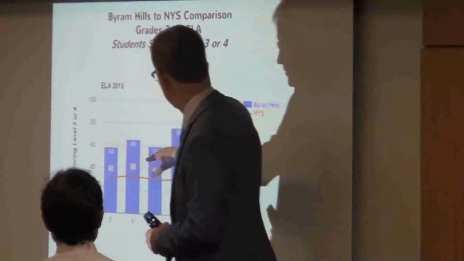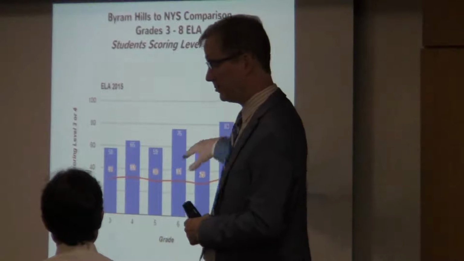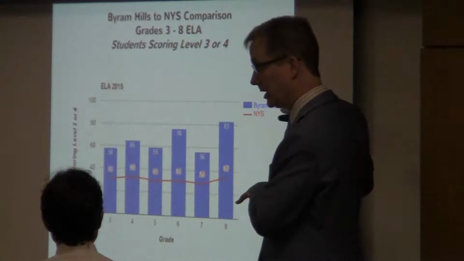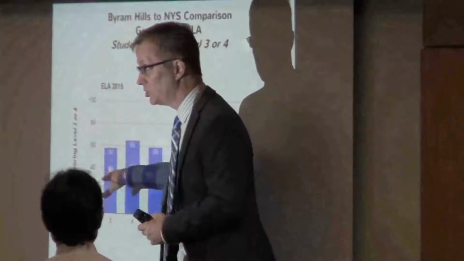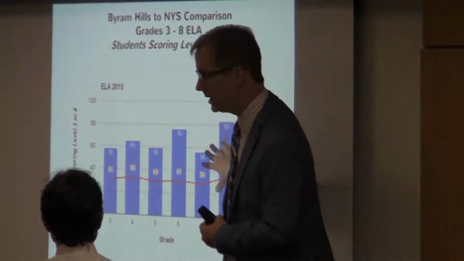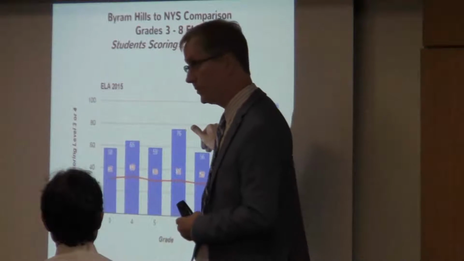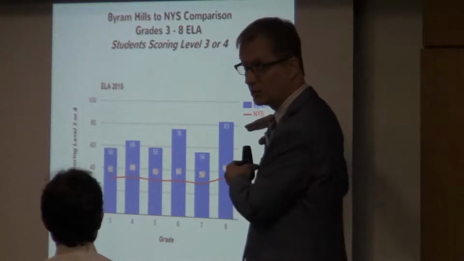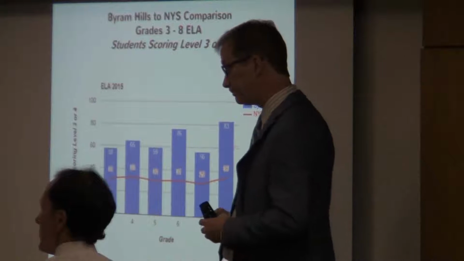Our results go up from 58 to 83, a 25% increase. So we're increasing over those years at a much higher rate than the state's performance level would show, which to me indicates that over the span of 3rd through 8th grade, we're preparing our students for high school in that regard. But this is just a 1-year snapshot.